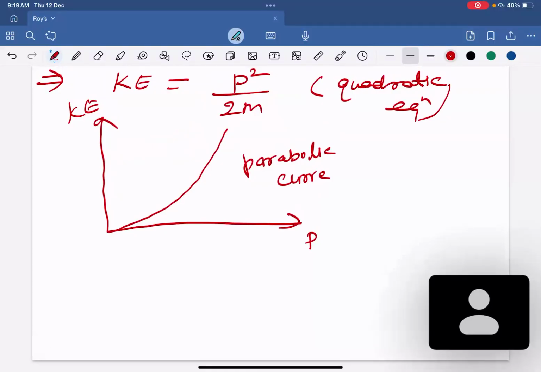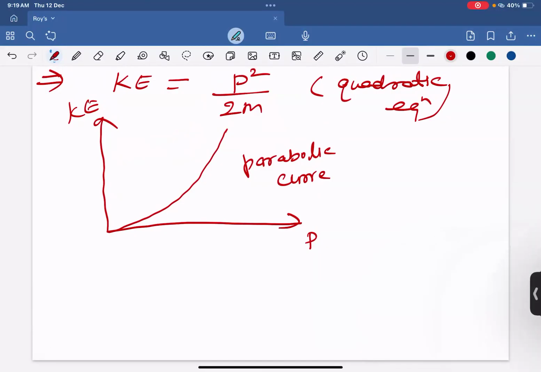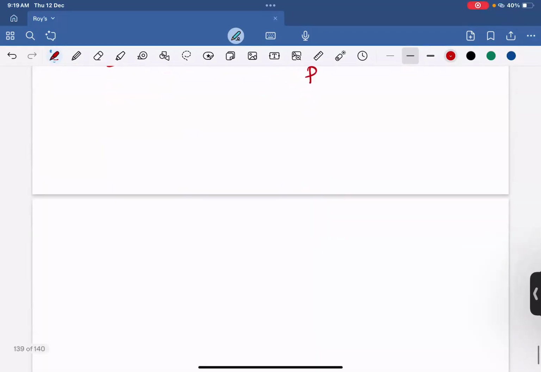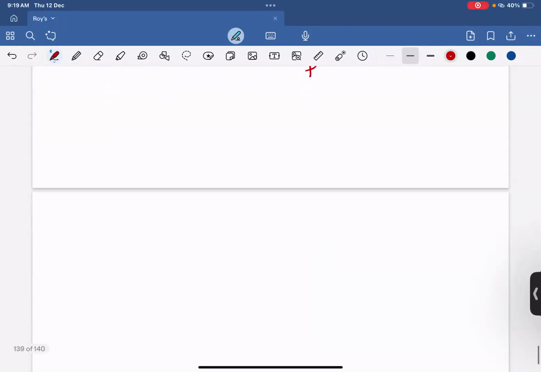Now let's discuss potential energy. Potential energy is something like this: your body is not moving, but the body has the ability to do work.